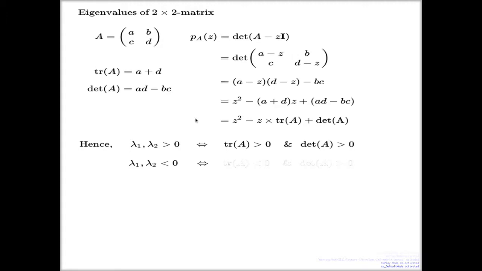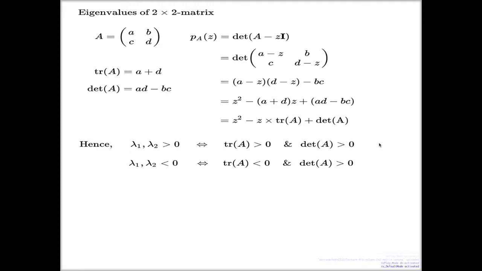Trace is negative, obviously, because the sum of the two negative values must be negative, and determinant positive, because the product of the two negative values gives you a positive value. Trace should be negative, and determinant should be positive. And two eigenvalues being negative, that's the case for a local maximum point.